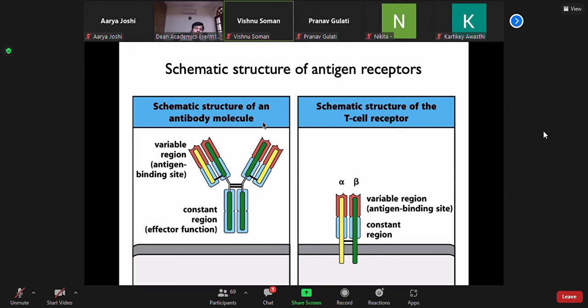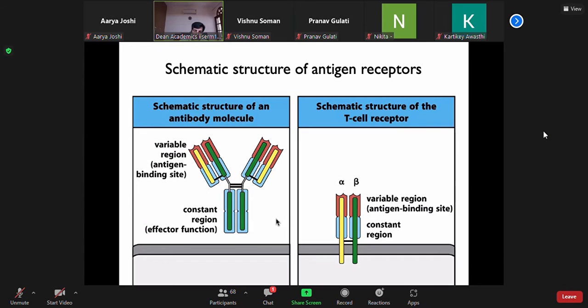Well, once B cells get activated, they are going to secrete a lot of these antibodies, and these antibodies will bind to the antigen and then neutralize it. The portion which is tethered to the membrane and the cytosol is cleaved off by a process that we'll talk about during the differentiation of B cells. Okay.